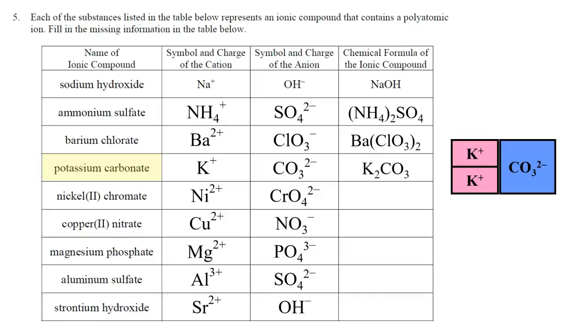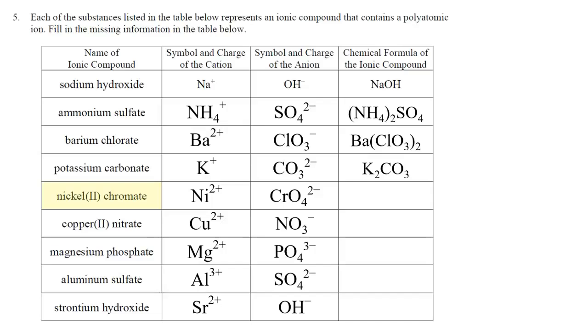Now, in our next example, we've seen examples like this before with magnesium oxide and gallium nitride. You don't have to do anything with respect to balancing the charges on the ions because they're already balancing each other. So nickel happens to be +2. The chromate ion happens to be -2.